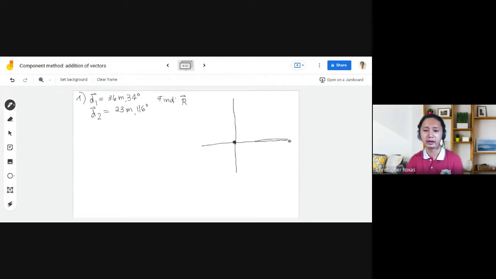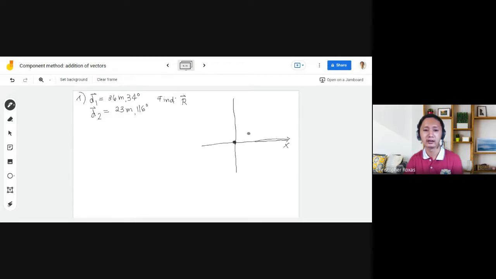Our reference for angle is the positive x-axis. So, this is the 0 degree. Then, we rotate counterclockwise. 0, 90, 180, 270, 360.